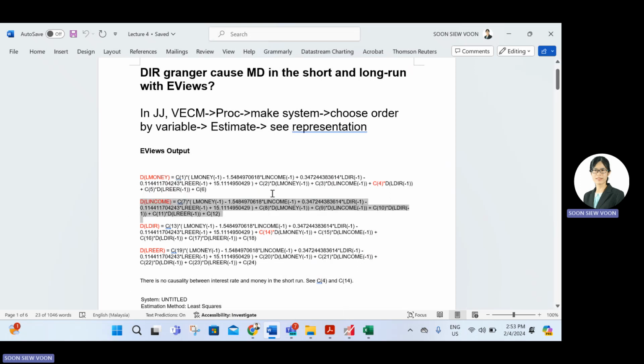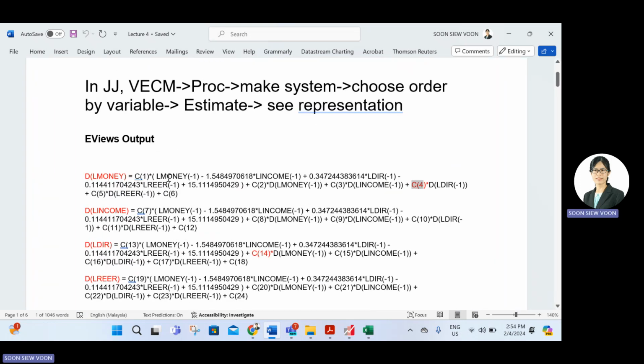What is the purpose of using this representation? Because I want to know which coefficient I have. Now I want to test whether the interest rate Granger causes money, so I want to test C4. Looking at the coefficients here, the first one refers to the ECT, the error correction term, lagged one period.